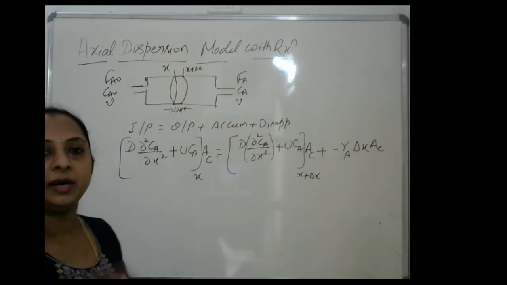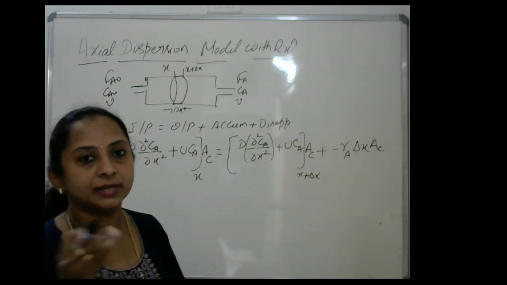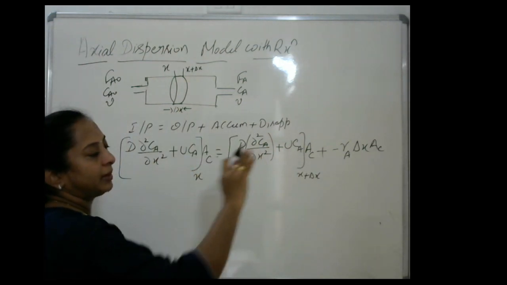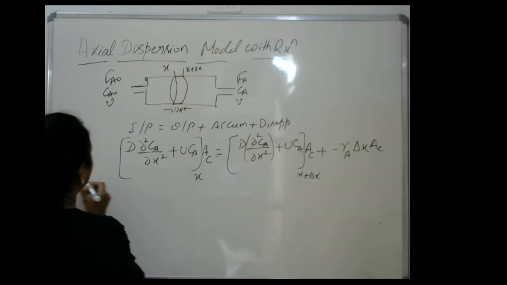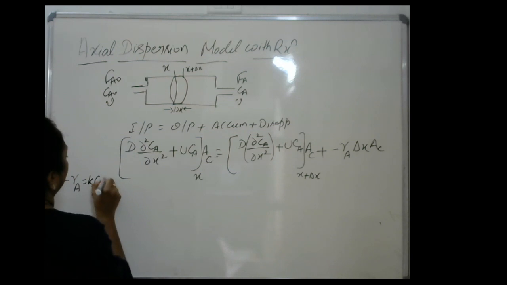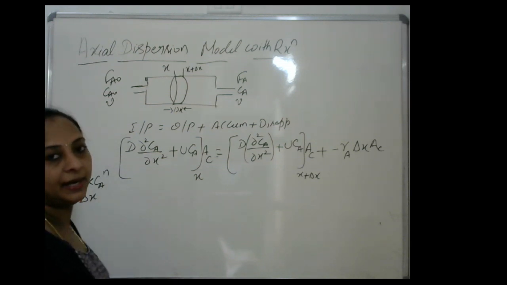So here let me consider an nth order reaction, and I will replace minus RA equal to k Ca^n. And I'll also divide this equation throughout by delta x. What am I doing? I am replacing minus RA equal to k Ca^n and dividing the whole equation by delta x.